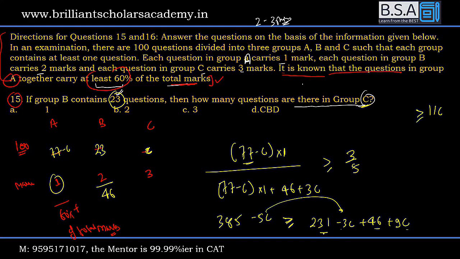This is 277. When you subtract 277 from here, are we getting 8 more than 11C? Oh, this will be 3 times as well. Three times of this is 8 carried over 1, 138.